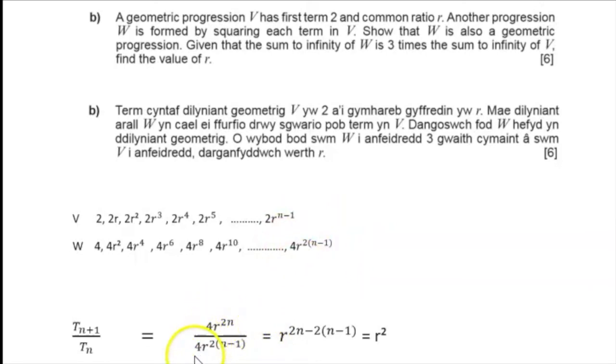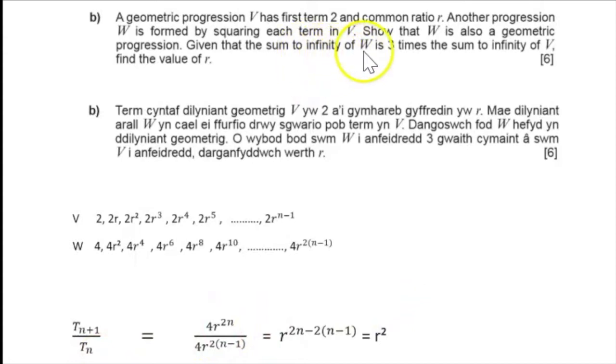The 4s will cancel, so we'll have r to the 2n divided by r to the 2n minus 2, so we subtract the powers, 2n minus 2n goes, and we get 2, so the common ratio is r squared. So we have proved that this is a geometric progression with common ratio r squared.